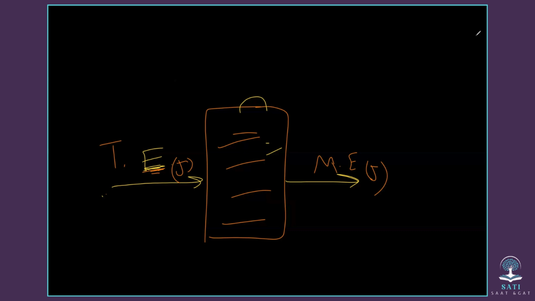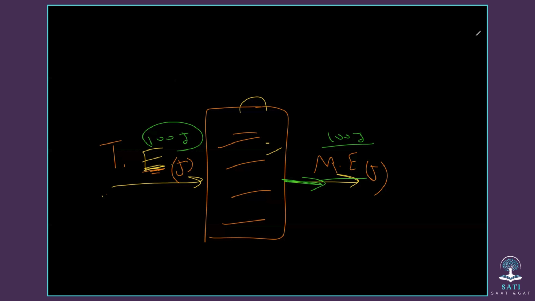So if we give it 100 joules of thermal energy, will this engine be able to give us 100 joules of mechanical energy or work? This is called work. The work done, or what this engine will produce, its main task, we call work. So will it be able to give us 100 joules of work?